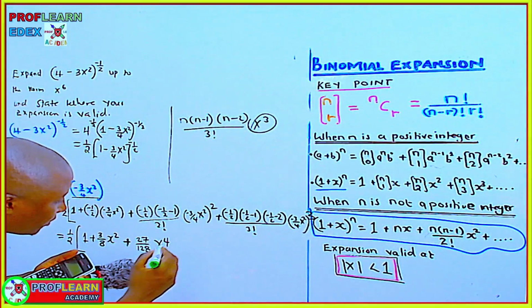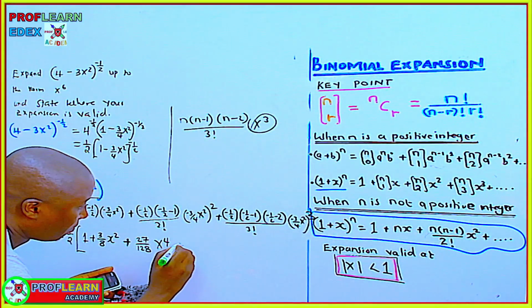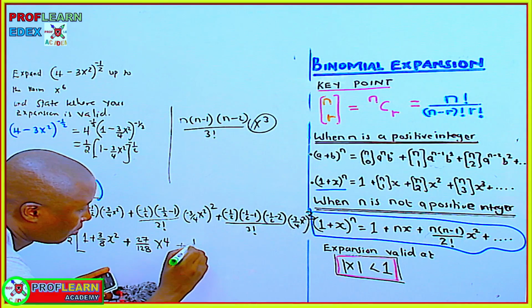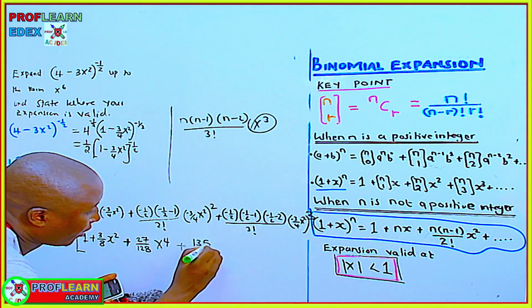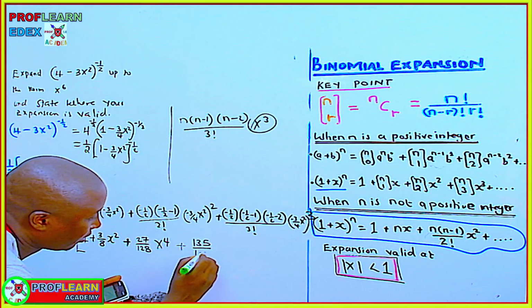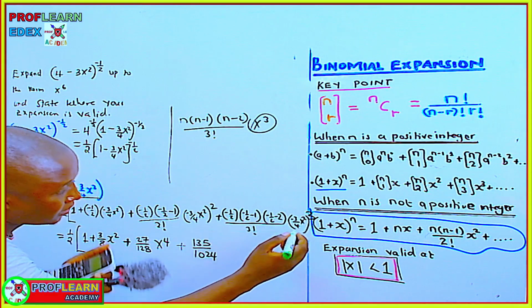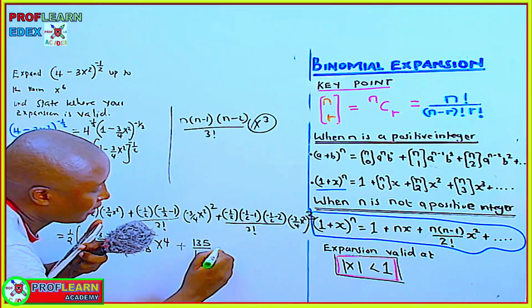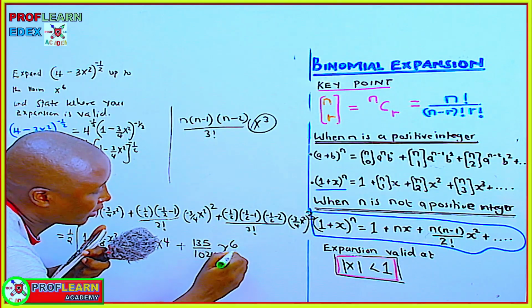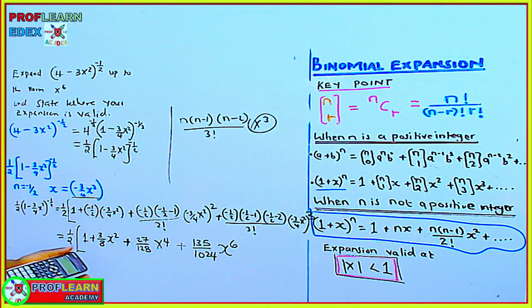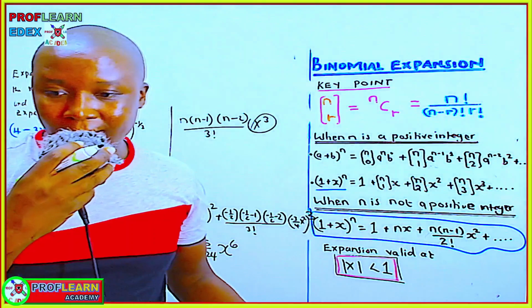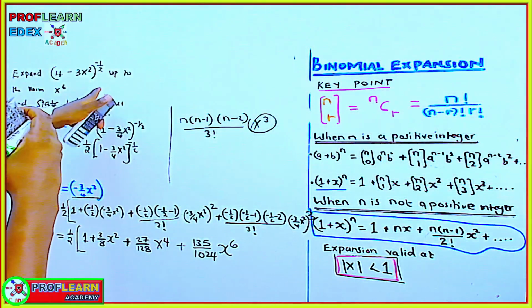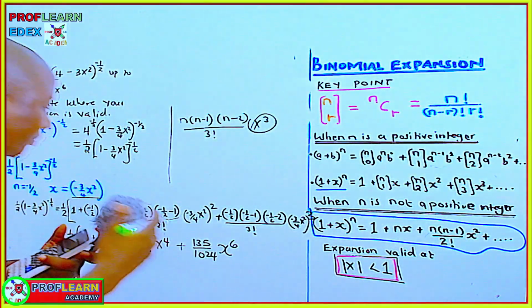So this becomes plus 135 over 1024. But since this is x squared raised to power 3, this will be x power 6. So we have worked our answer up to the term including x power 6.